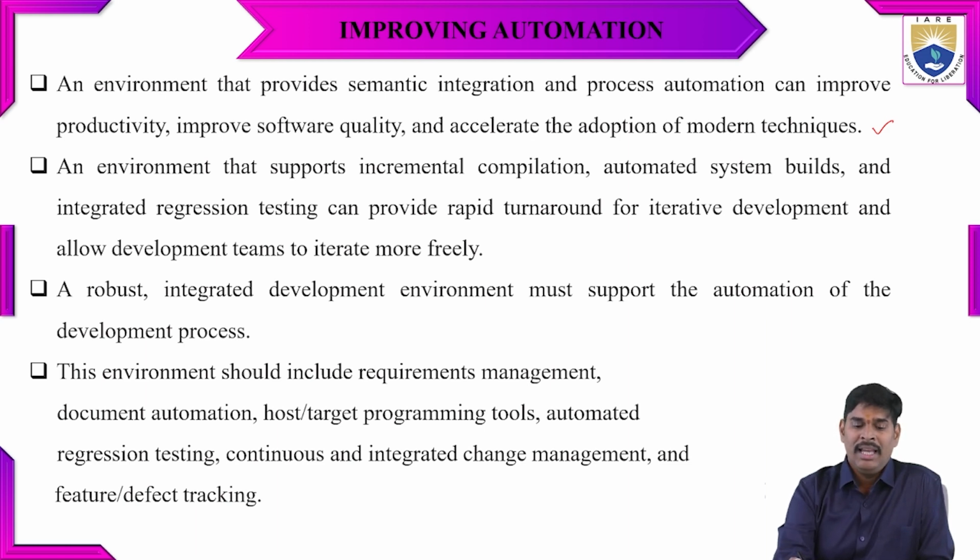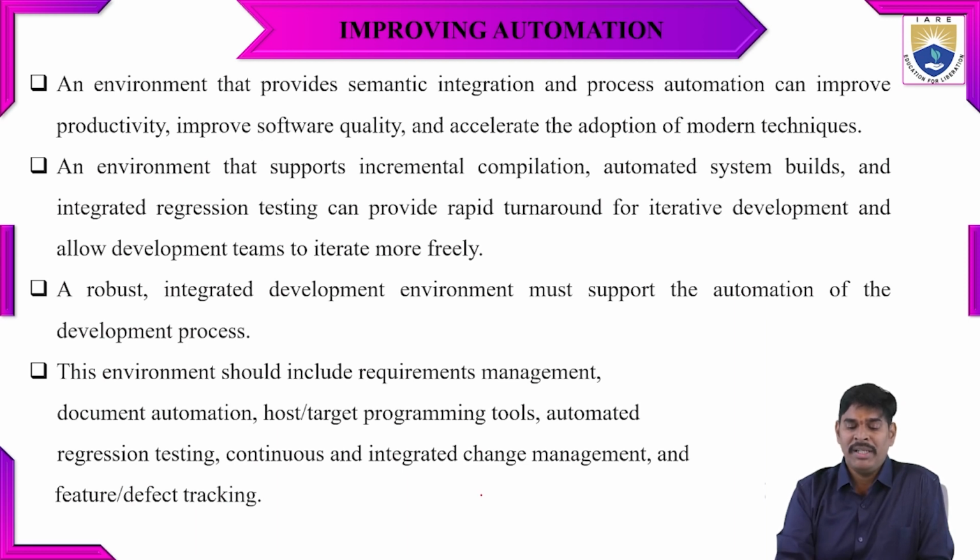And next, when you're taking this automation, it will check the various system builds and regression tests, checking all the different types of iterative models in the development teams, and it will provide more robust work. It means the development process will be handled very smoothly.